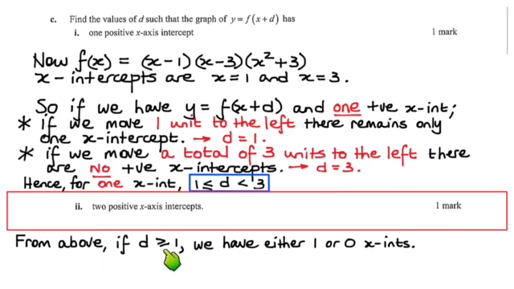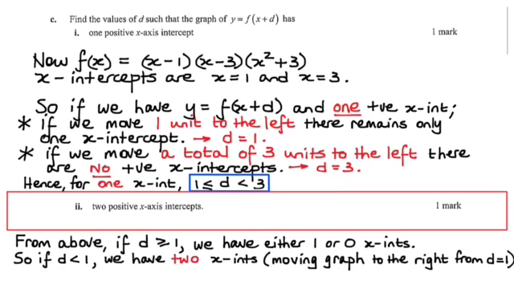And therefore, for everything else, guys, that makes it easy for us to see. For everything else, we can get 2 positive x-intercepts, because there's our function up there, all right? So therefore, all we need to do is express that in this way. We can see that if d is less than 1, we'll have 2 positive x-intercepts, moving the graph to the right from d equals 1, and therefore we know that d can be anything from minus infinity up to, but not including, 1.